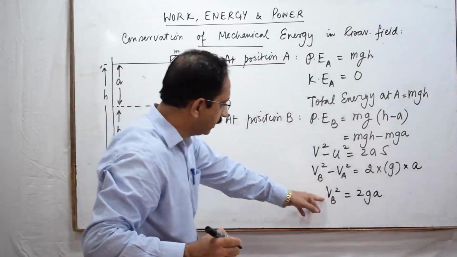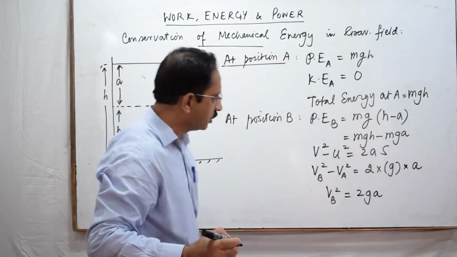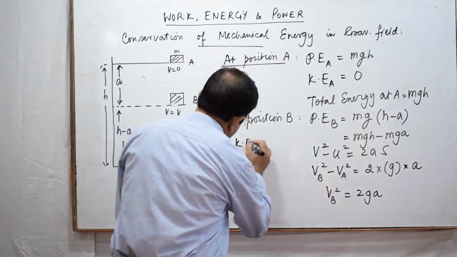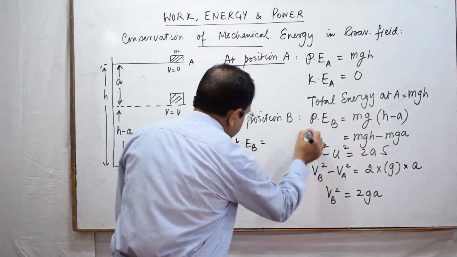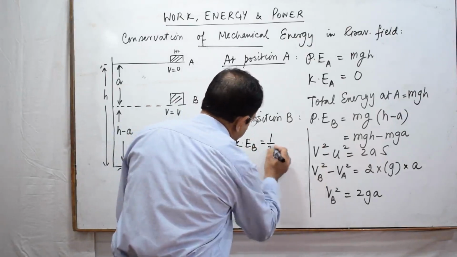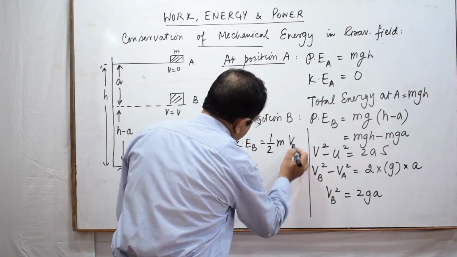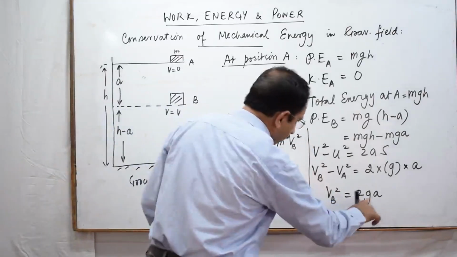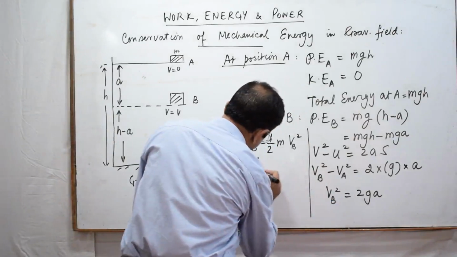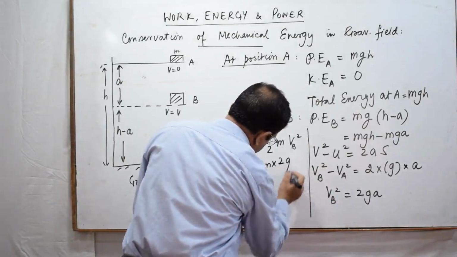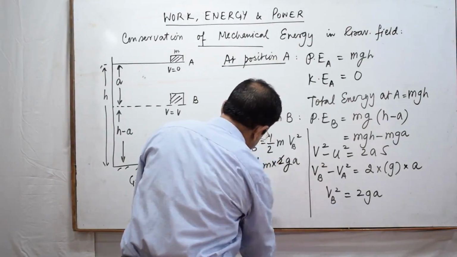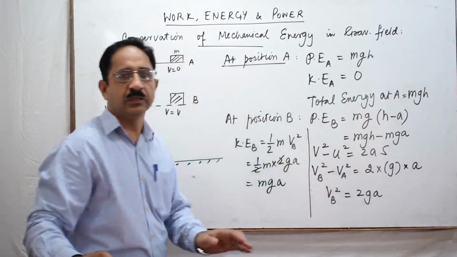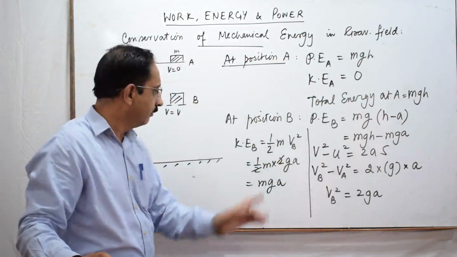Now this relation can give us the kinetic energy at position B. Kinetic energy we define as 1 by 2 m into vb square. And vb square I put equal to 2ga, so I have 1 by 2 m into 2ga. This 2 gets cancelled, we get mga as the kinetic energy at position B.